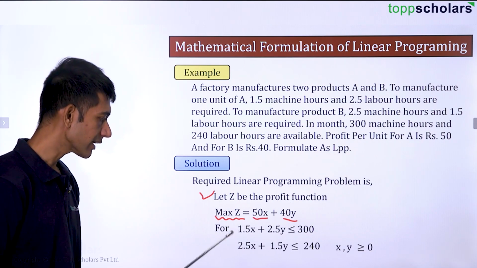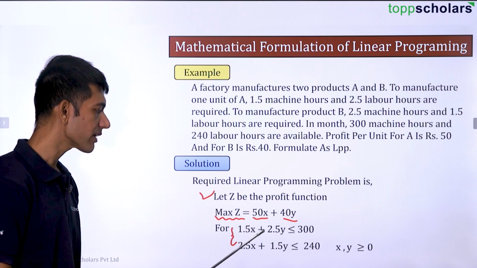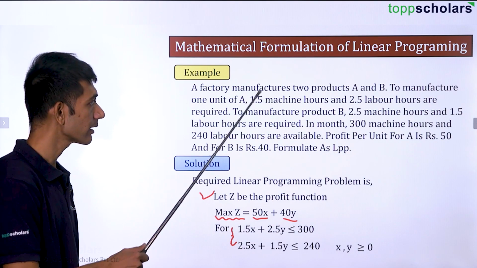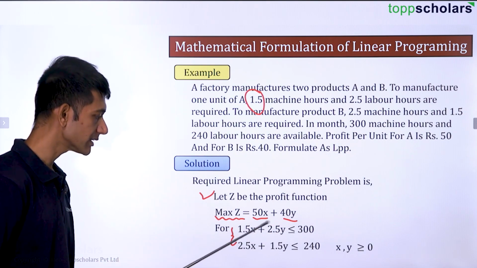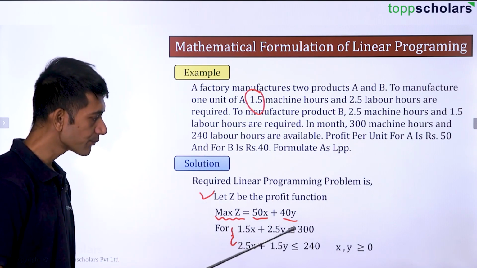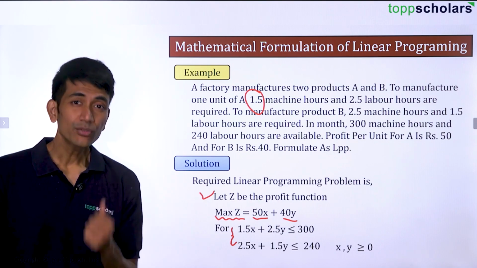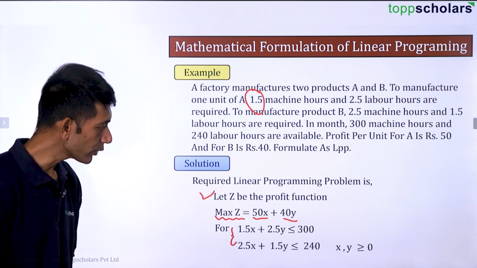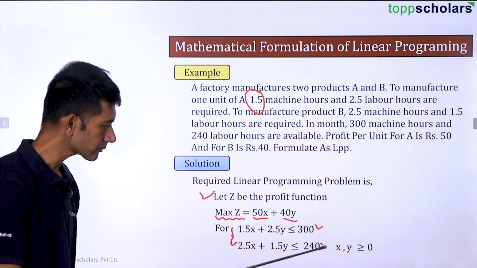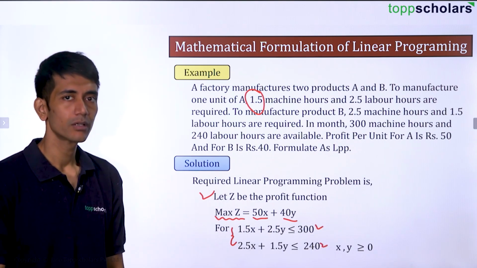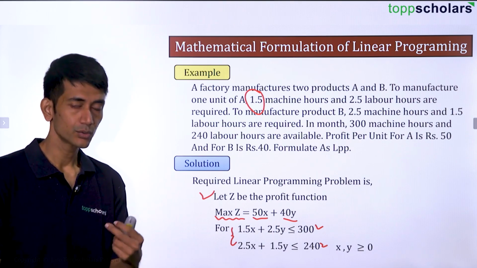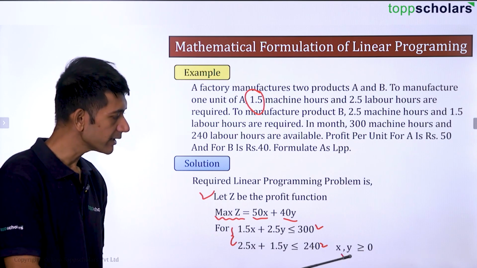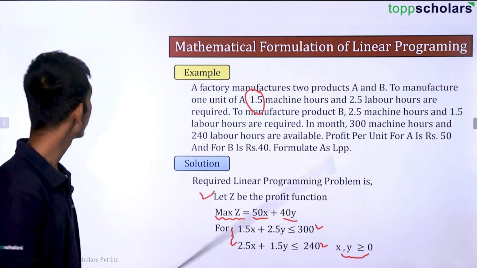And then such that the condition is 1.5x plus 2.5y is less than equal to 300 for product A and B. We are talking about the machine hours, and obviously we need to reduce the time so that you will increase the profit, right? Because the moment you reduce the time over here, then only you can maximize the profit. The labor hours, the machine hours, need to be done quickly. That's why less than equal to, correct? And then finally you write down x comma y is greater than equal to 0.